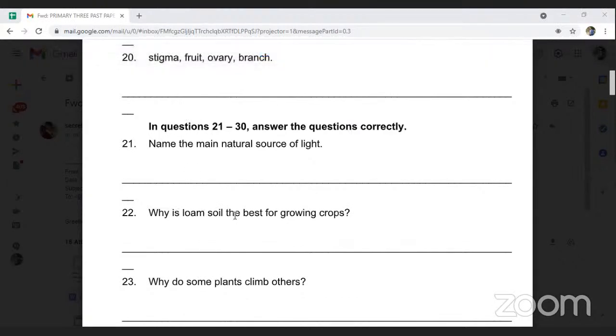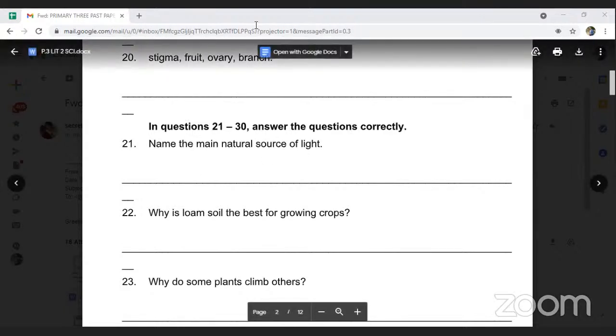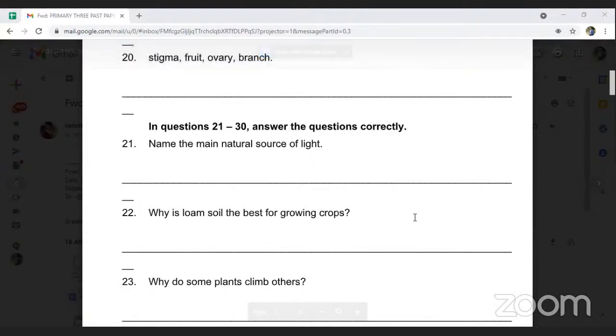Why is loam soil the best for growing crops? Raphael? It is fertile.